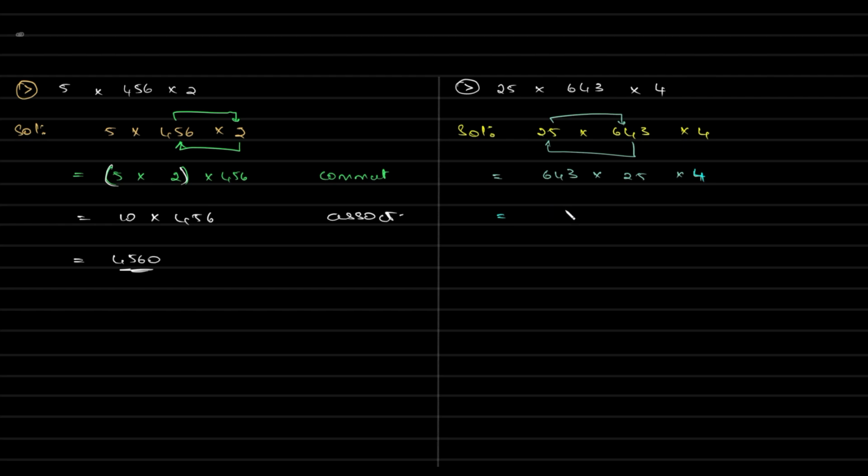So we can associate 25 and 4 first, so that is 100. So this is as per commutative, post commutative we have this, and post associative we have this. So we have 64300. See, this is how you have to be smart about all of this.